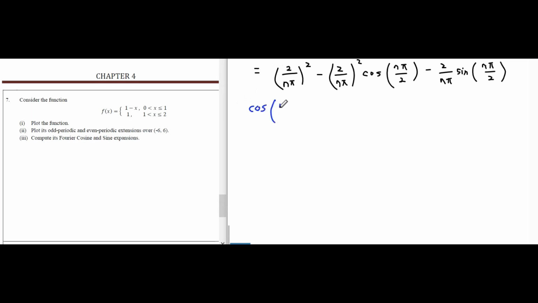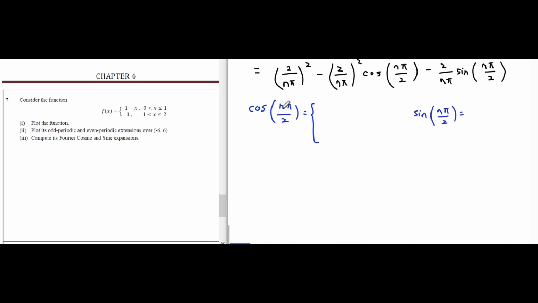Cos of n pi over 2 and the value of sine n pi over 2. When n takes the value of an odd number, say 1, cos pi over 2 is 0.